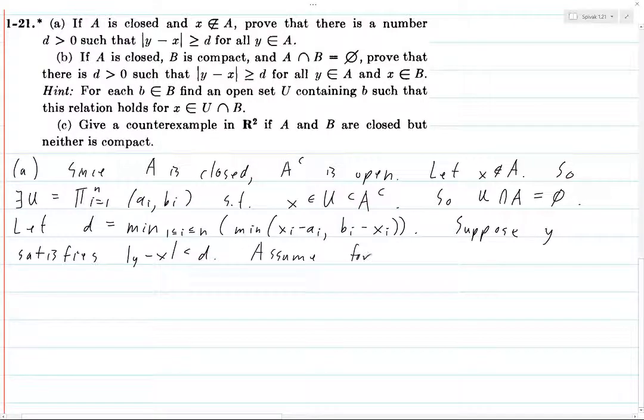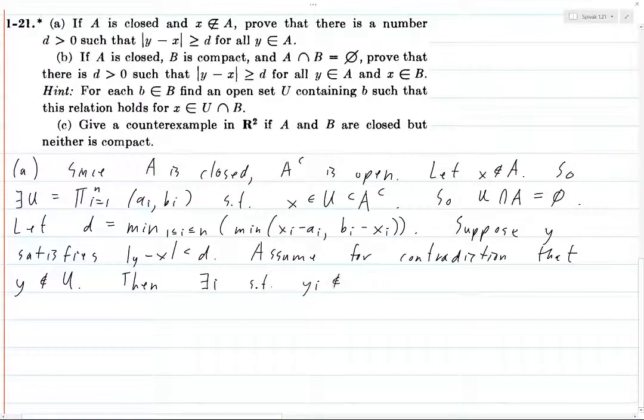Assume for a contradiction that y is not in U. Then there exists an i such that yi is not in the interval from ai to bi.